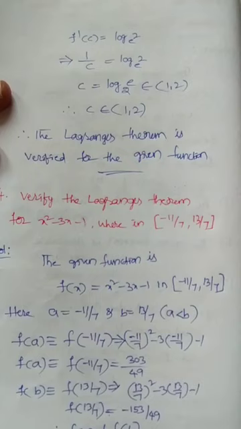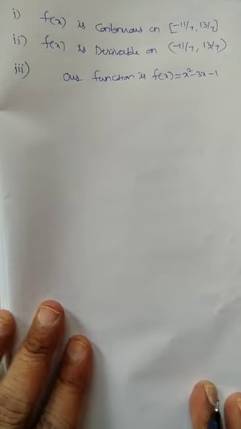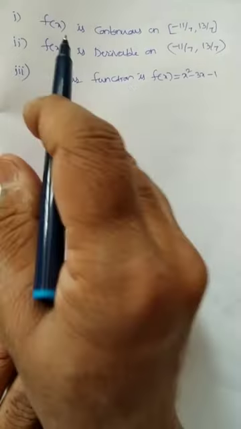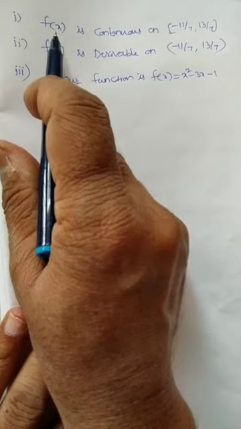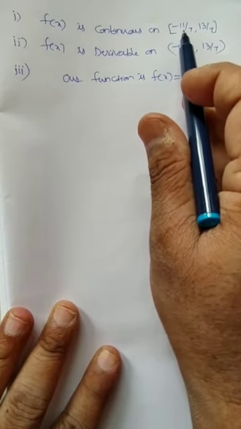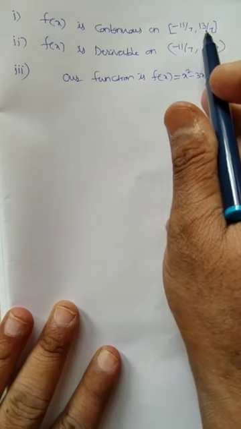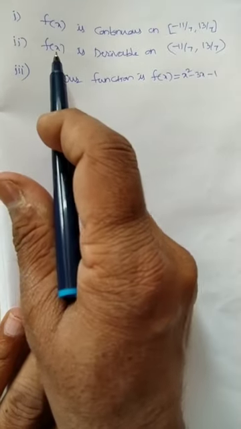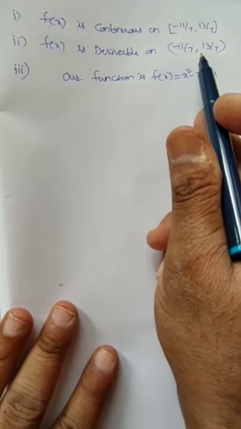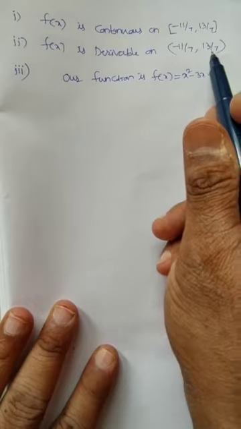Now we are verifying the conditions for the Lagrange's theorem for the given function. The first two conditions are general: f of x is continuous on the closed interval minus 11 by 7 comma 13 by 7, and the second condition is f of x is derivable on the open interval minus 11 by 7 comma 13 by 7. We need to verify the third condition now.